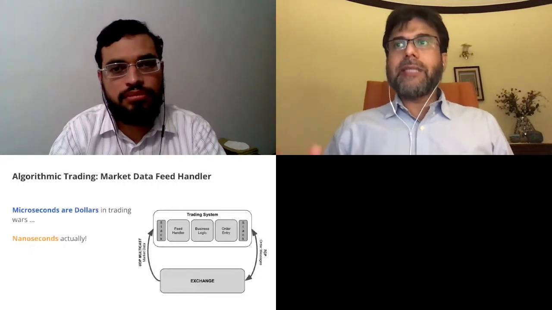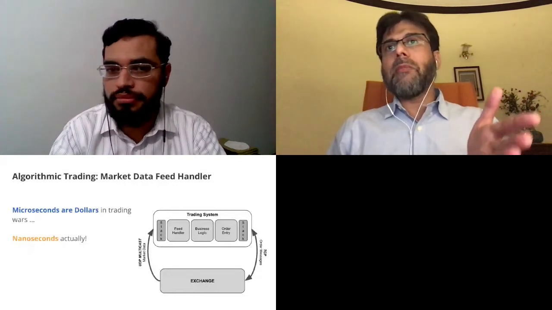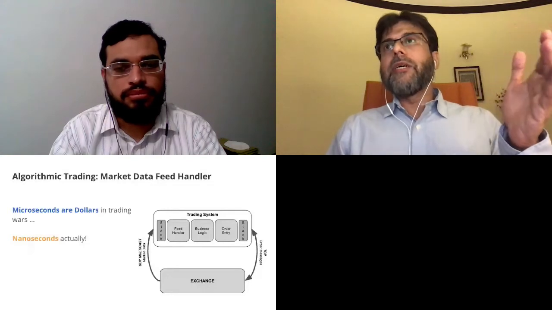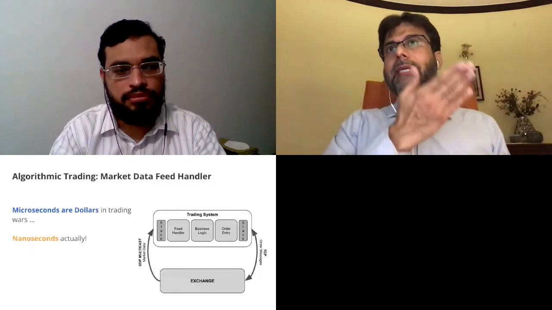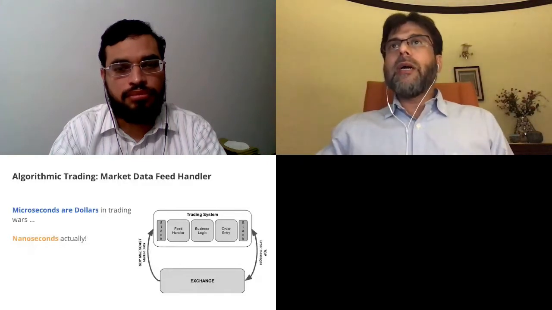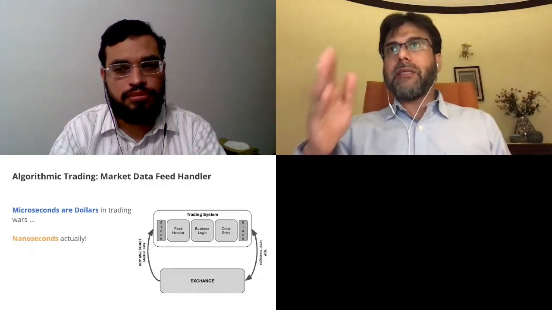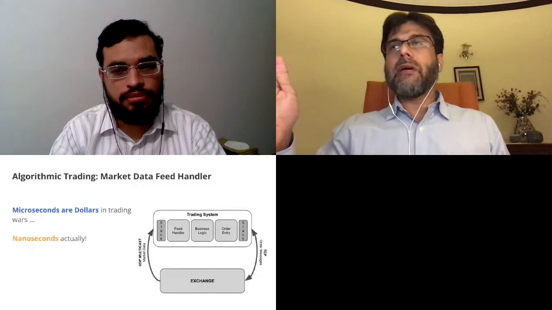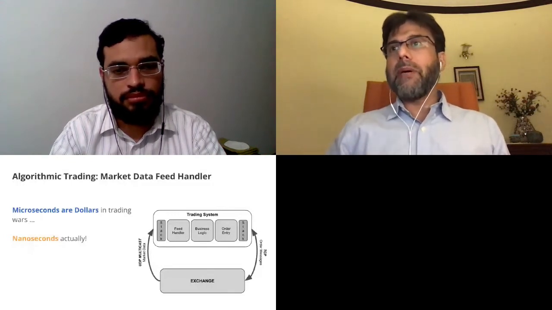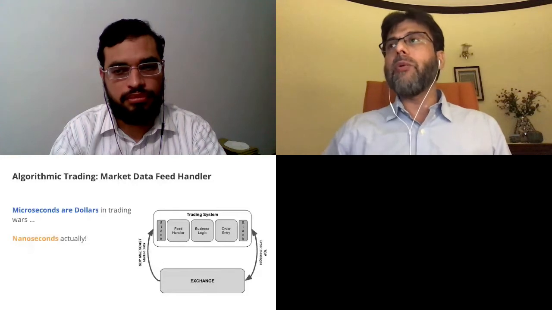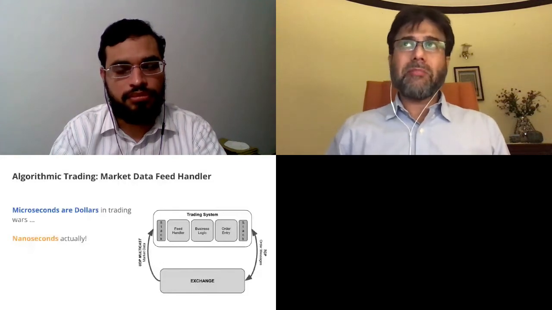The exchange sends out market data in multicast fashion to the application. The packet has to make its way all through the application. There's the stack, the feed handler, the business logic, the order entry gateway, and the response goes back out to the exchange or to the venue as a TCP message.